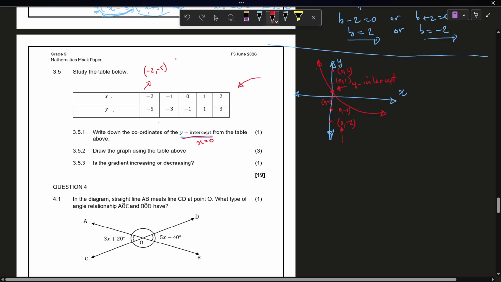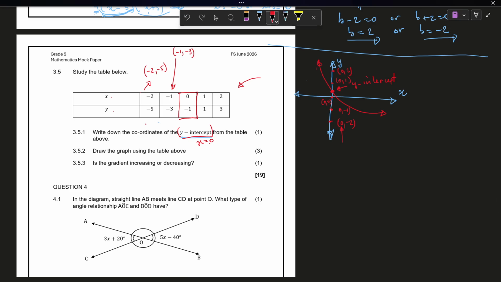And now here produces another point which is negative 1, negative 3. But we need to find the point where x should be 0. That's where we'll be having a y-intercept. The only pair which qualifies is this pair, right?